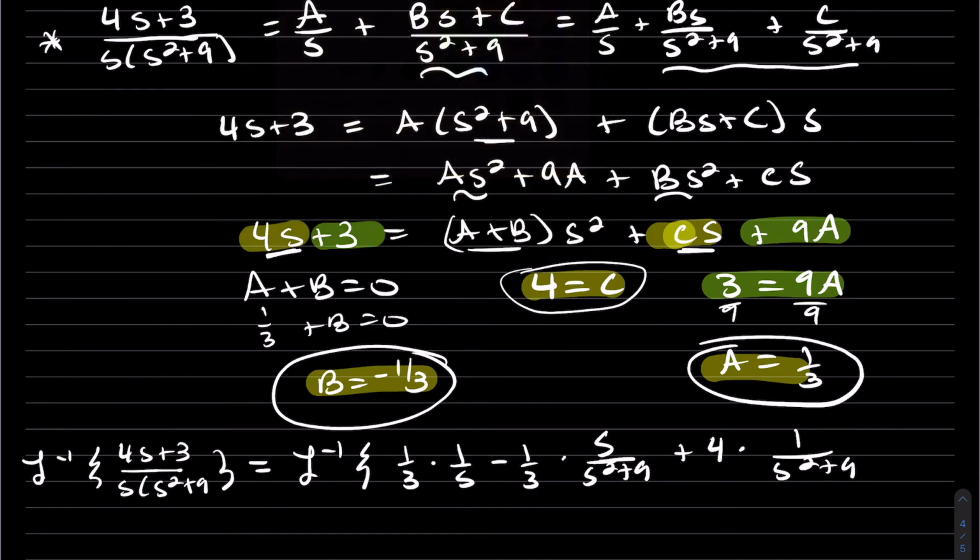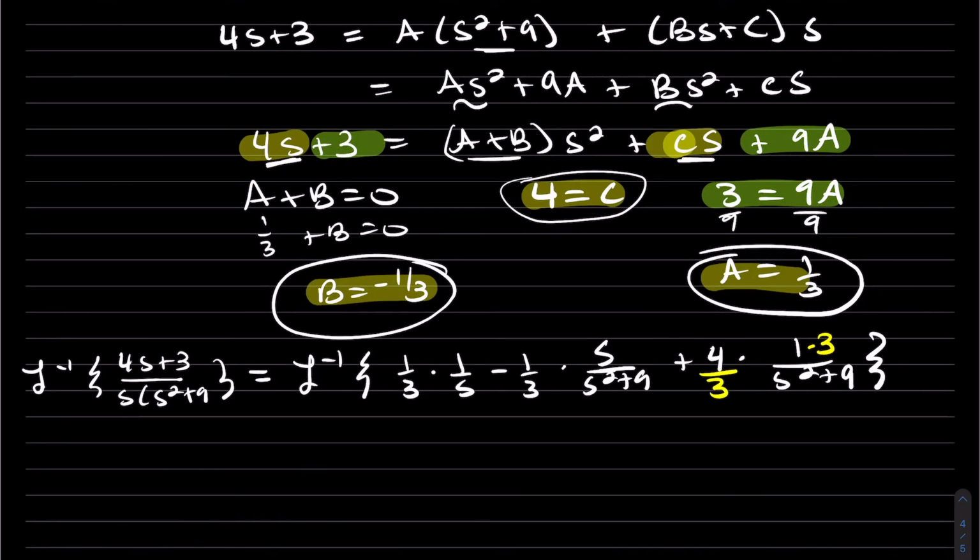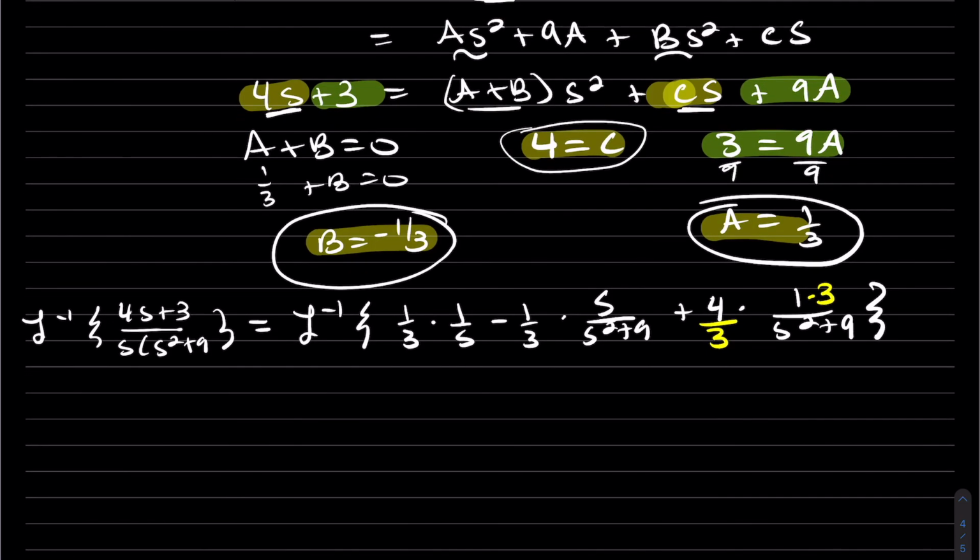But we know we're going to need the 3 on the top, so we put the 3 on the bottom because of that 9 that was there. And then this way we can see, I'm just going to factor out this, this, and this.